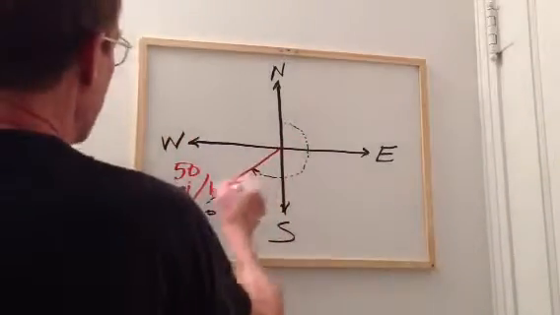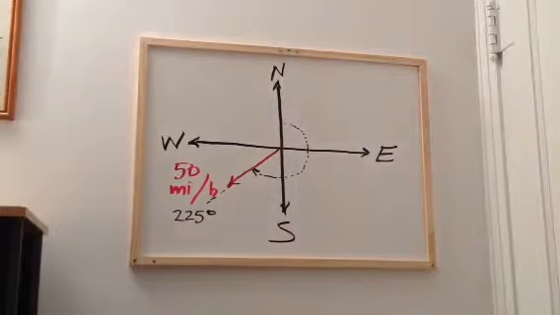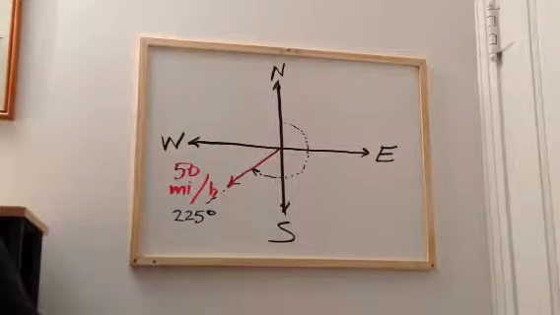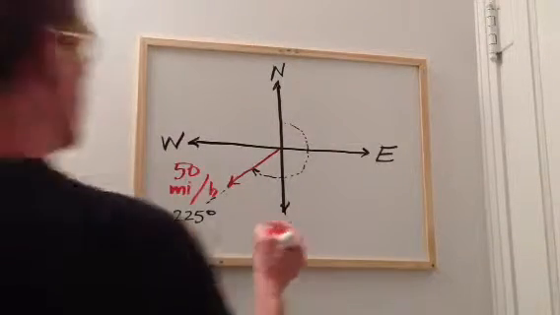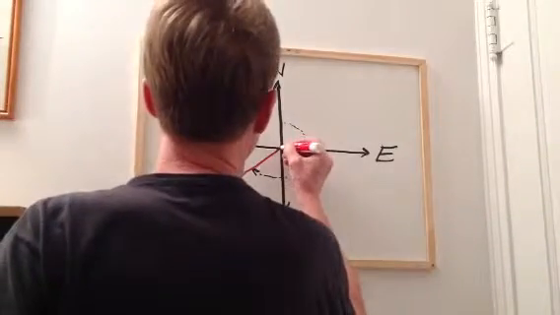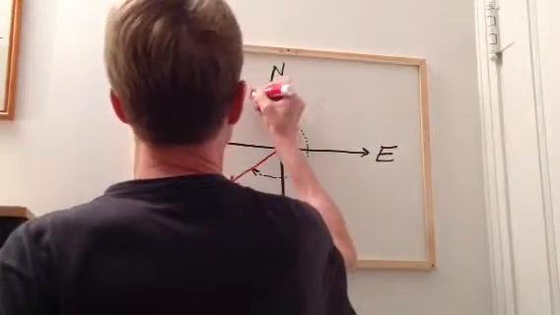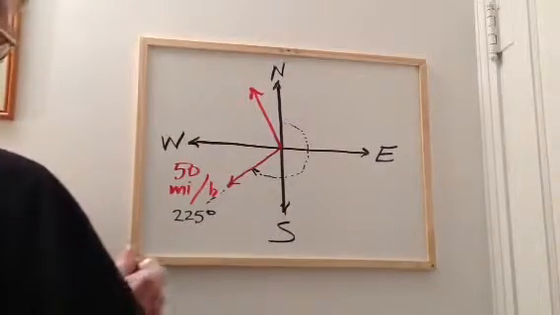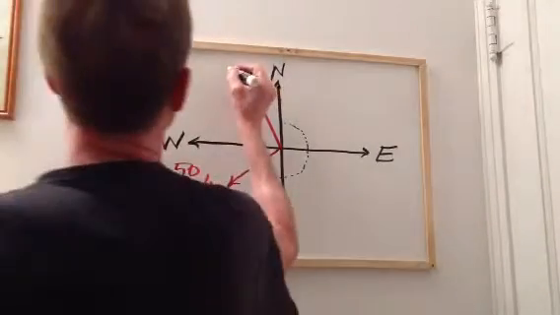If we're driving southwest and we're going 50 miles an hour, that's one thing. If we turn onto another road and we find that the speed limit there is 50 miles an hour and we want to go on that road, but it runs off in some direction like this, maybe that's 330 degrees.